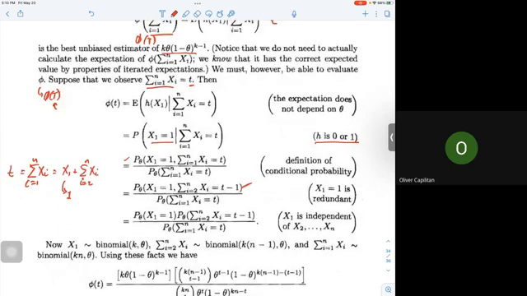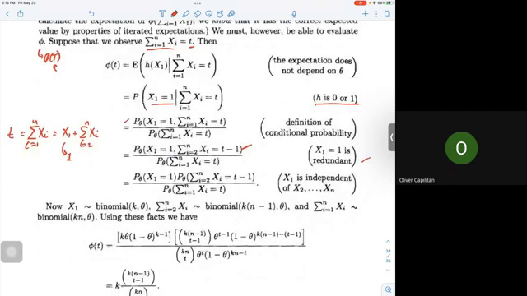Okay, x1 is redundant. And then since we have a random sample, independent and identically distributed, the joint will just be equal to the product of their marginal probabilities. Okay, we have that.